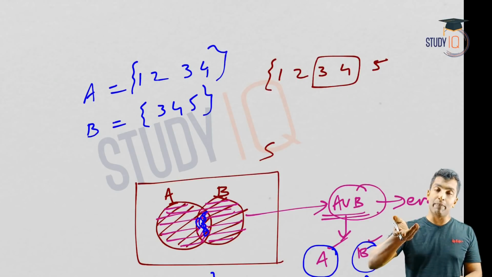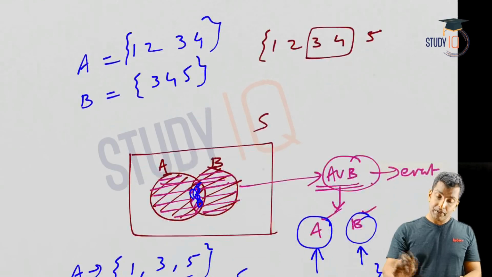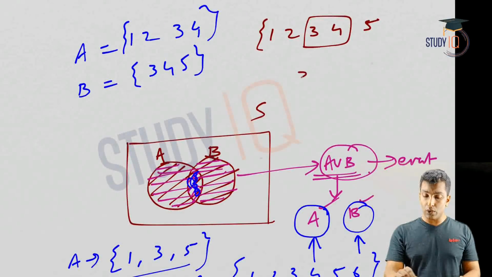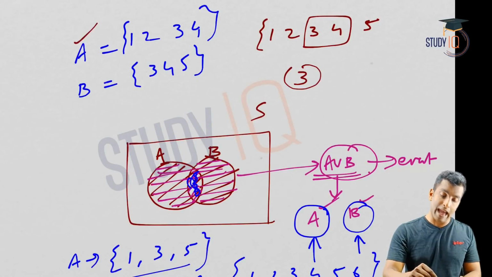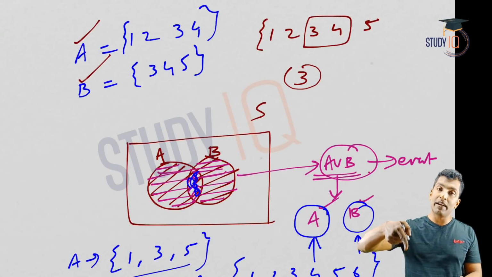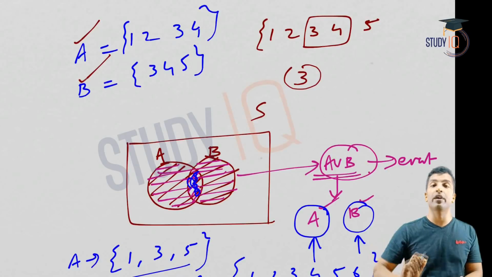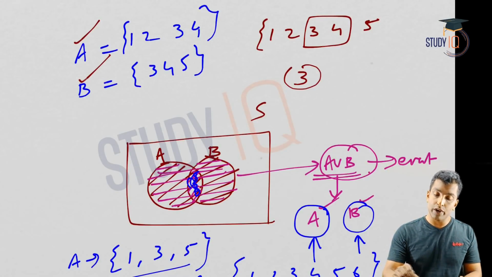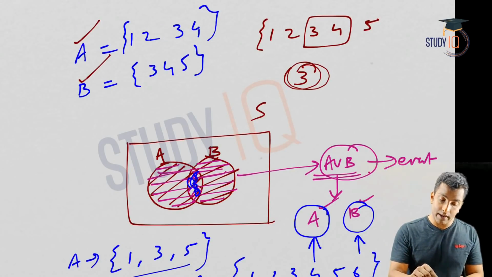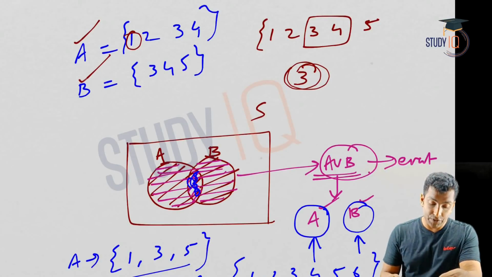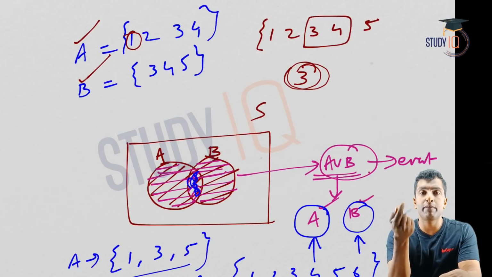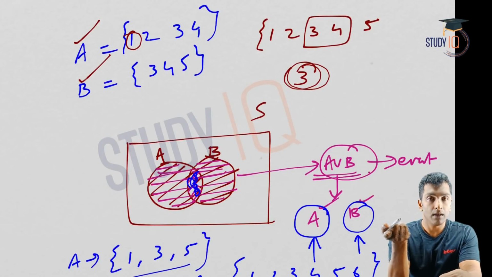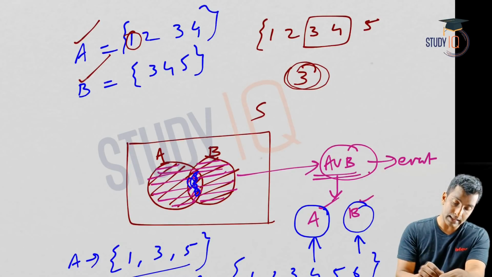They are there in A and B. Okay, so if 3 is your outcome, you can clearly see 3 is an elementary event which is favorable to A and B. Okay, so that is an elementary event which is favorable to A union B also. So you can say A union B occurs. If you take 1, it is an elementary event which is favorable to A. So if 1 is the outcome, still you can say A union B occurs, because it's either A or B or A and B. Okay, so that is the first case, A union B.